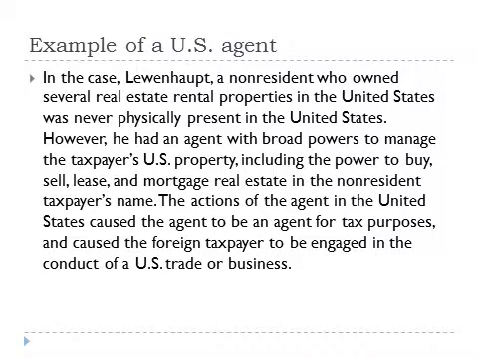However, he had an agent with broad powers to manage the taxpayer's U.S. property, including the power to buy, sell, lease, and mortgage real estate in the non-resident taxpayer's name. The actions of the agent in the United States caused the agent to be an agent for tax purposes and caused the foreign taxpayer to be engaged in the conduct of a U.S. trade or business.